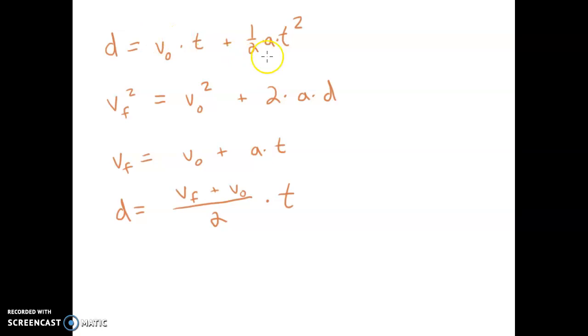We can actually, believe it or not, arrange these equations in different ways. We can substitute and combine and come up with other equations, but these 4 are sufficient to solve all of the kinematic problems that we run into in our class. So that's why we call them the big 4 kinematic equations.